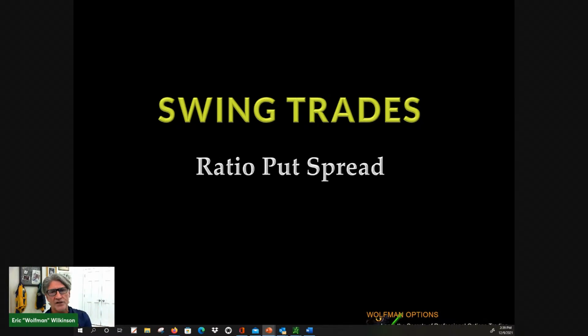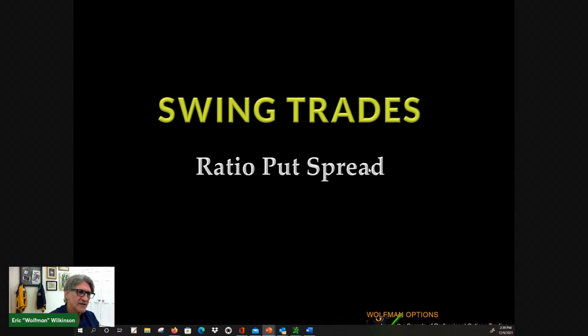Well, with this strategy, we're going to try and take advantage of a bearish move, but I'm a little bit worried about that upside risk. So I want to sell another call in there, to pay for my entire spread. So I have this long put spread on for free. Yes, I have a little added risk to it, but with that little added risk, I get this spread on for free. So if the market rallies, I get to keep that credit.